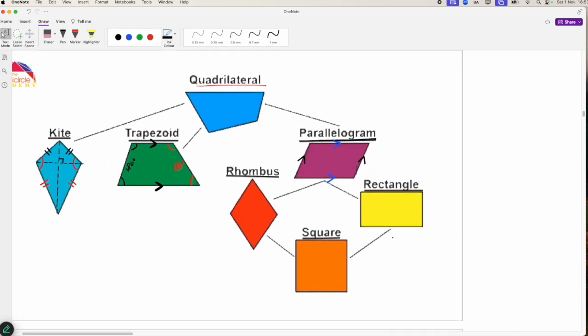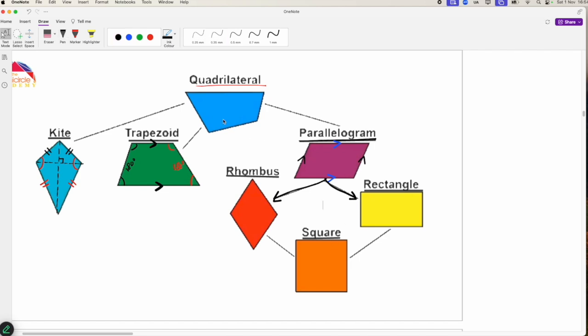I bet you all didn't know this, but in terms of the types of parallelograms, a rhombus is a type of parallelogram, and a rectangle is a type of parallelogram.